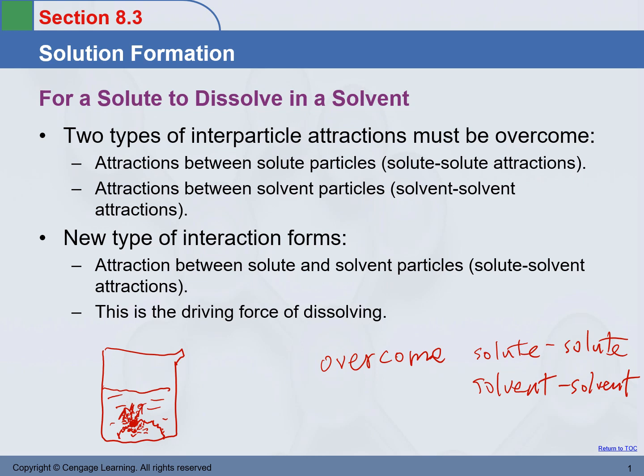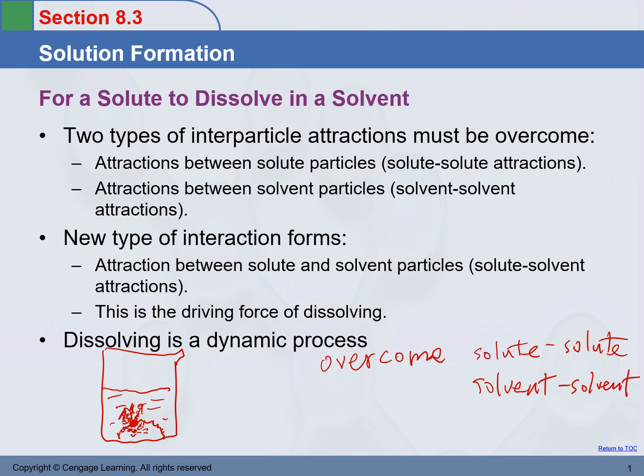If these solute particles and these solvent particles like each other, those solvent particles will grab the solute and pull it into the solvent to dissolve it. If they don't like each other, if they have no communication between them, then it is not going to be soluble. We're going to look at the details of this in later episodes.